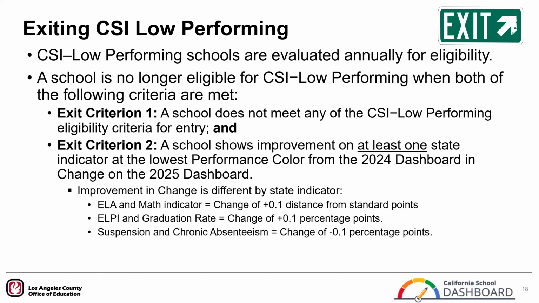You actually have to show improvement, and the changes are pretty small. You had to move up 1/10 of a point for distance from standard if you're talking about ELA or math, or 1/10 of a percentage point for graduation rate improvement, or, for suspension and chronic absenteeism, a decline of 0.1%.